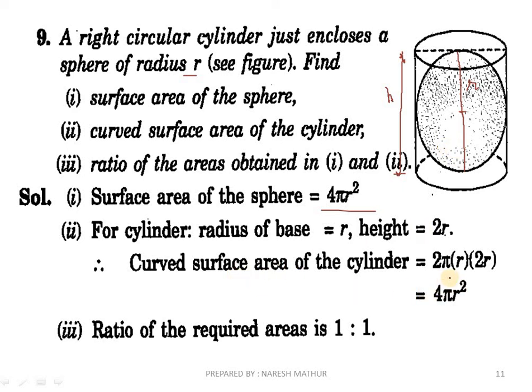The formula of CSA of a cylinder is 2 pi r h, and in the place of h we'll put 2r because that is the diameter, r plus r, 2r. So after multiplying it we get the CSA of the cylinder as 4 pi r square.